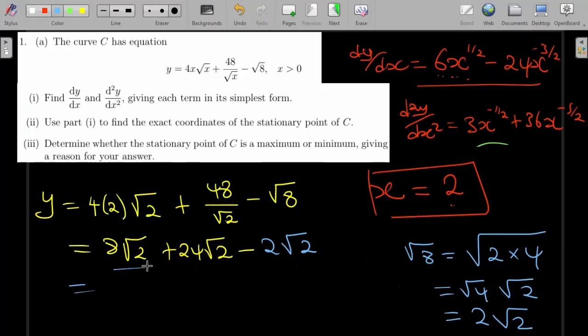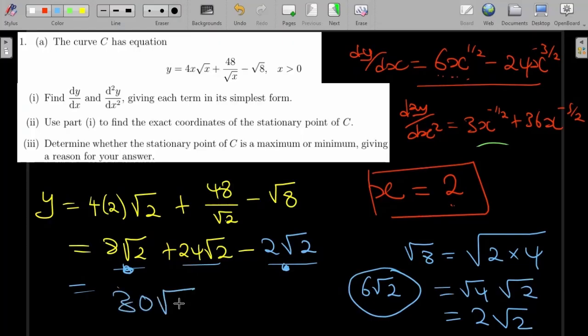So this is 8 root of 2, 24 root of 2 and minus 2 root of 2. Okay, so we can start with this one here and this one. So what do we get when we subtract? We get 6 root of 2, and then this 6 root of 2, we're going to add with the 24 root of 2. So we're going to get 30 root of 2.